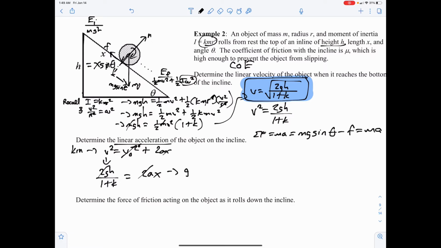So it's gx sine theta over 1 plus k equals a times x. And you can see the x's are going to drop out too. And so a is equal to g sine theta over 1 plus k.